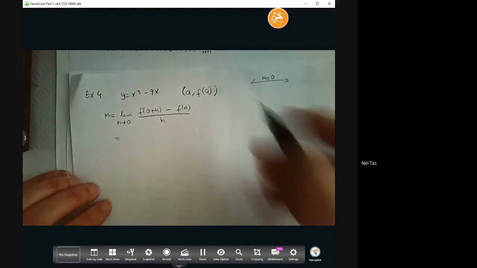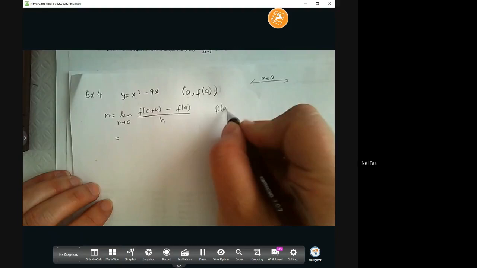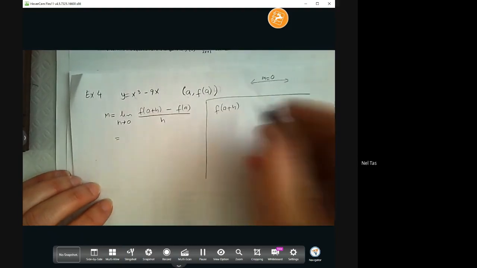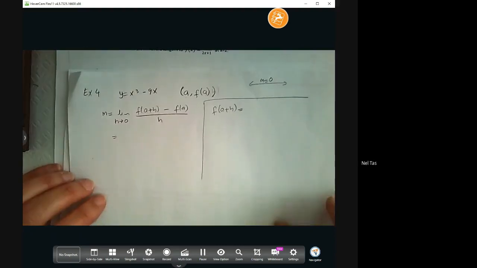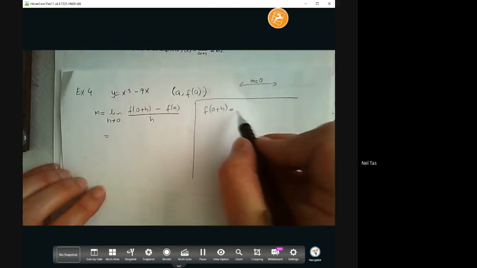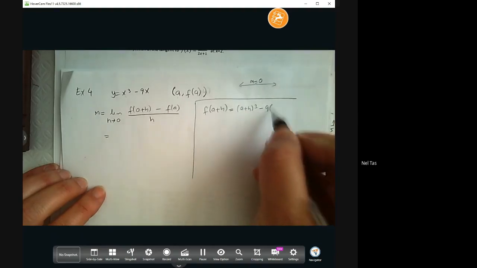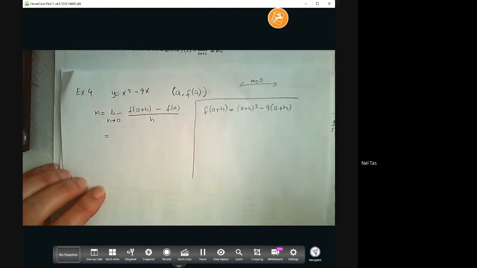So now we need to substitute a plus h in the function. a plus h cubed minus 9 times a plus h.